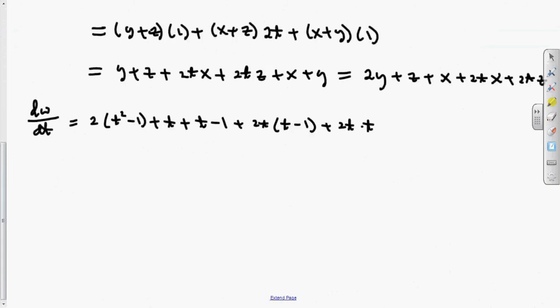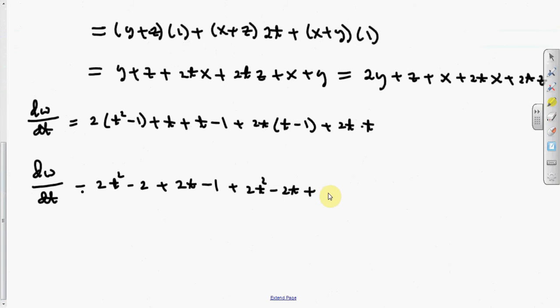Then we simplify this. 2t squared minus 2 plus 2t minus 1 plus 2t squared minus 2t plus 2t squared.